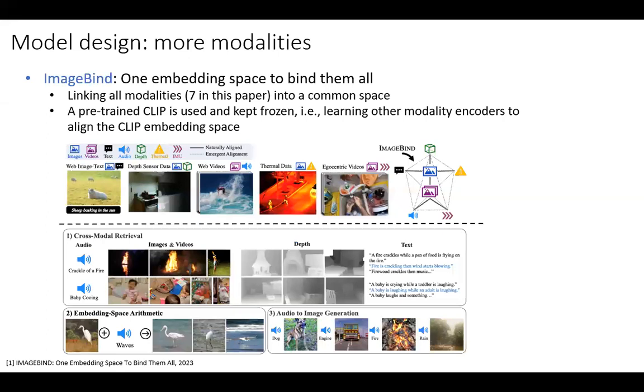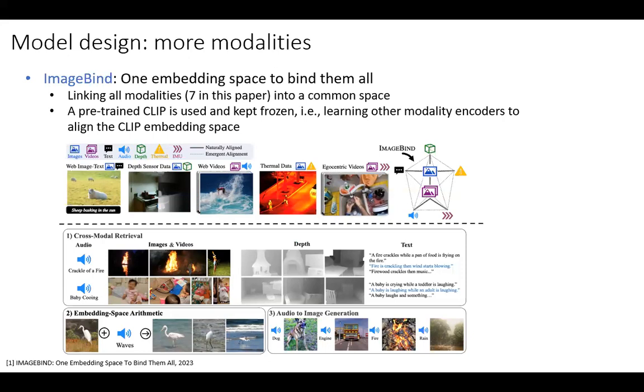So this basically means if you have a pre-trained CLIP embedding, you can always try to upgrade the CLIP model by aligning this CLIP embedding space to some other modalities. And then if you can do this, you can try to unlock some new capabilities that you may not have been able to do before, right?